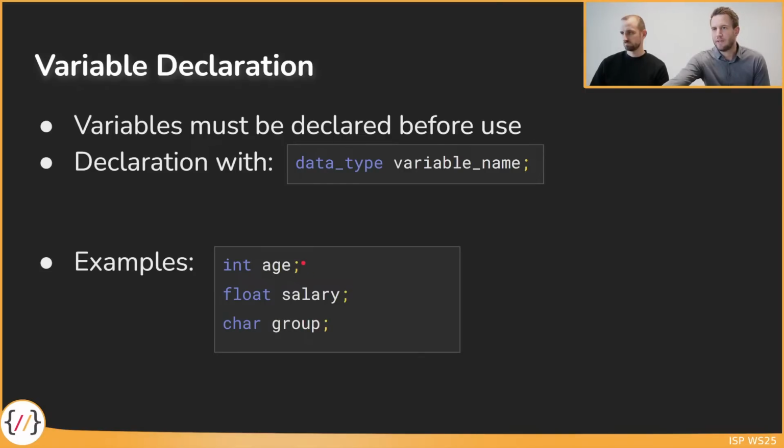We also need a semicolon after each statement. The next example is a float value with salary when we want to store floating point numbers. And the last example is the declaration of a character value. In this case, this is just a declaration without setting the value of the variable. So if we just introduce them without setting the value, we do not really know what's the value in it.